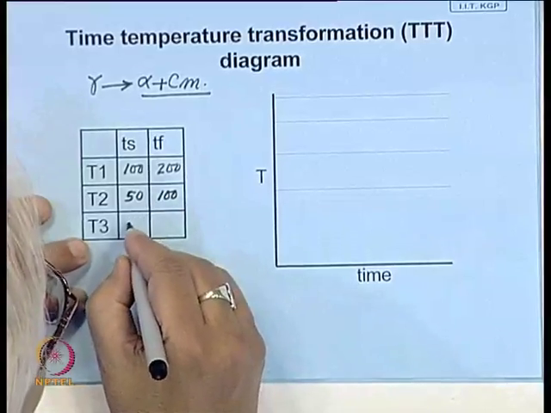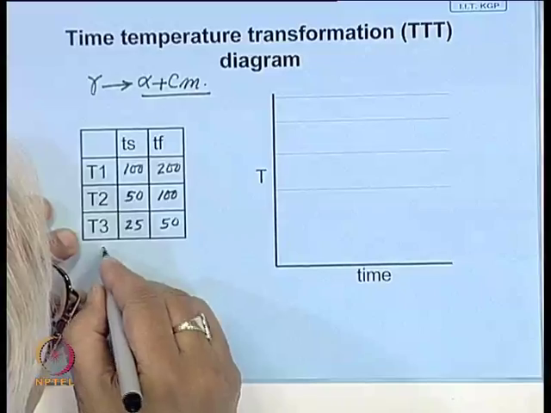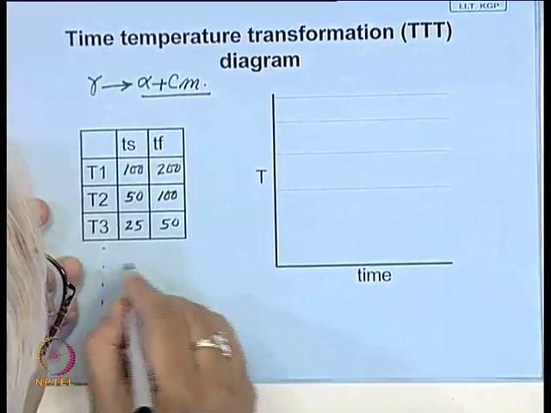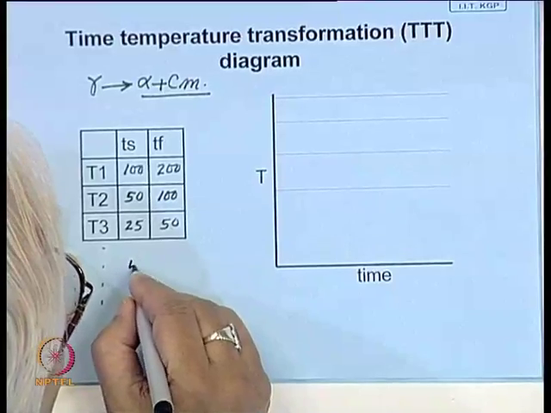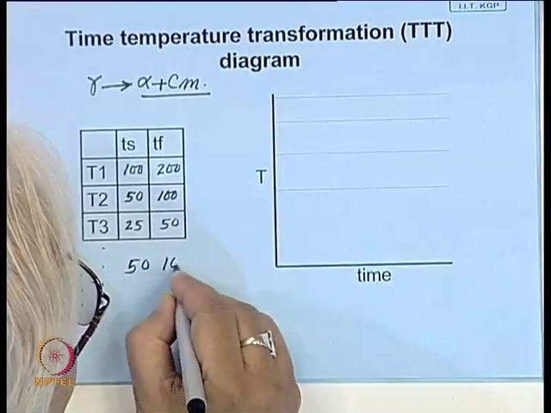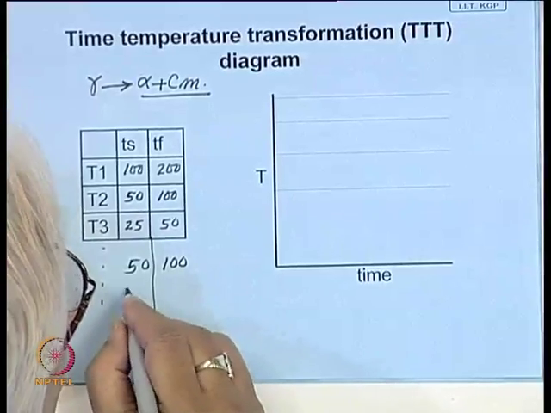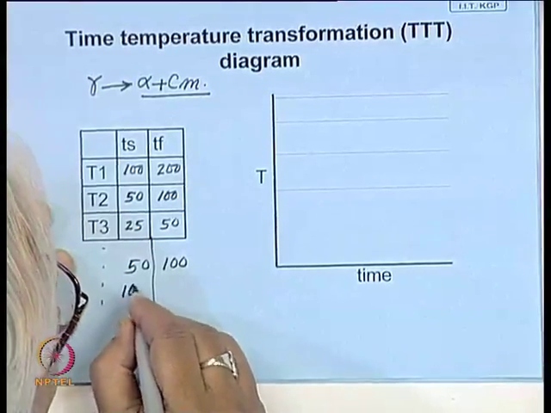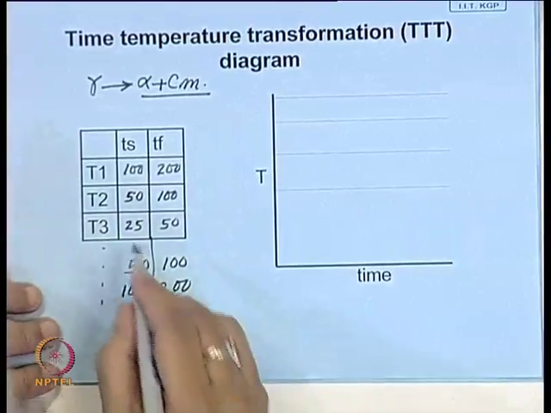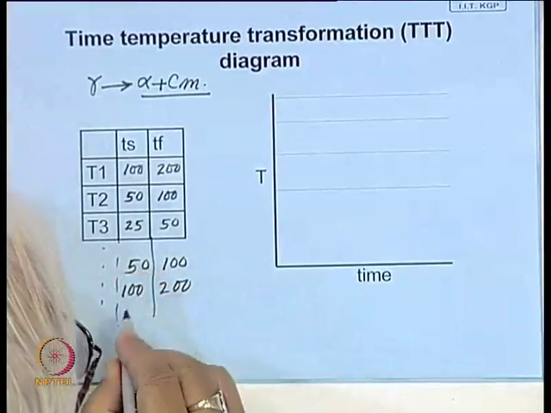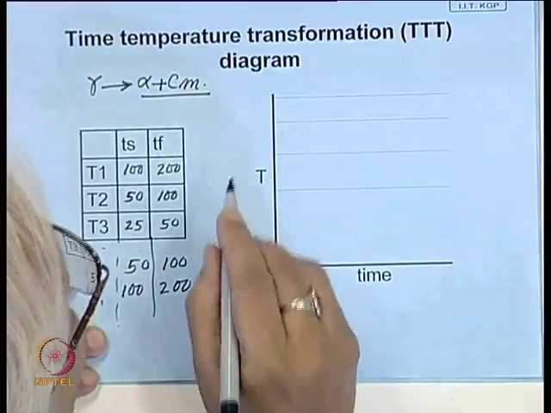If you come down further, maybe it is 25 and 50. If you go down again, you may find it starts increasing again. Somewhere it becomes 50 and 100, and then maybe 100 and 200. These are not the exact figures, I am just putting some arbitrary values.